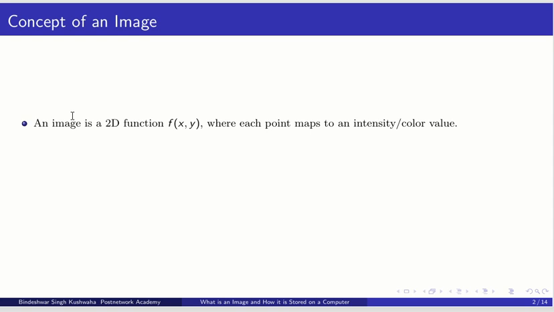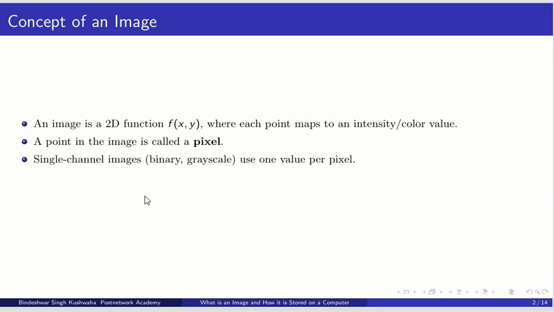So basically an image is a 2D function where each point maps to an intensity or color value. A point in the image is called a pixel.